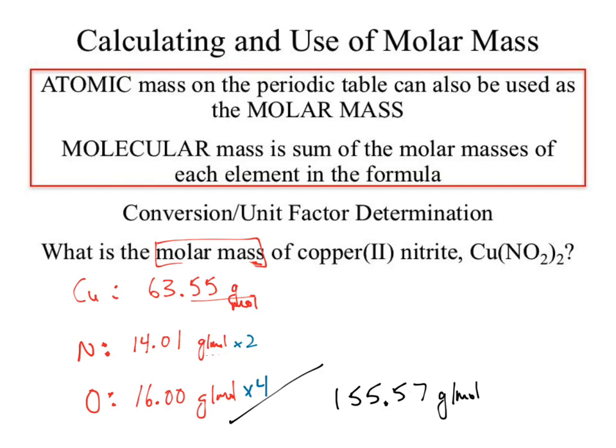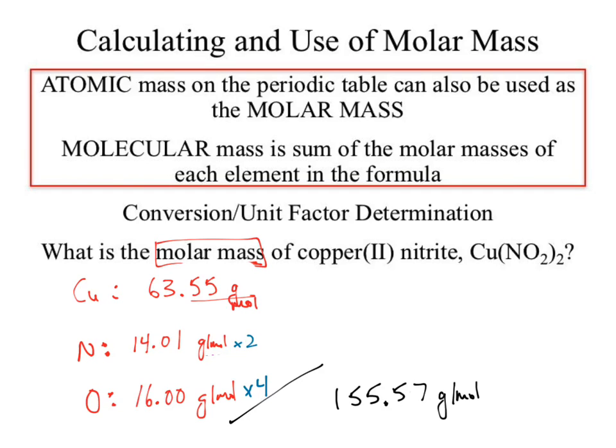No, you don't agree with that. Why do you not agree with that? When do you use the fewest number of sig figs? In multiplication and division. To get 155, what did you do?